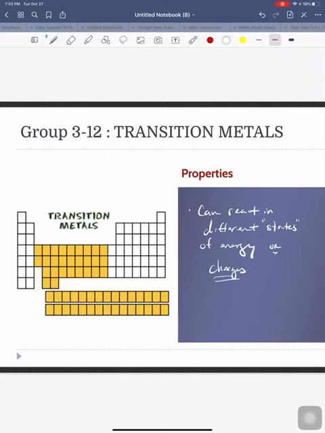Well, whereas group 1 and group 2 metals were very predictable in terms of how they react, as I mentioned, this is the opposite, which means they can do lots of things. All of these metals in this block, in these transition blocks, and these lanthanides and actinides that are pulled out down here, they can react differently depending on their situation.